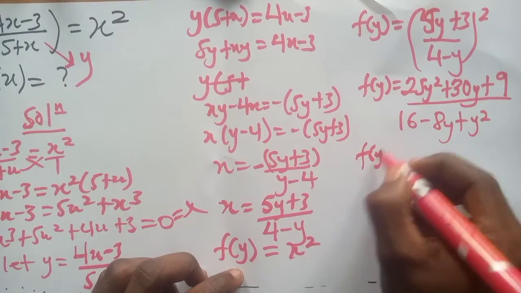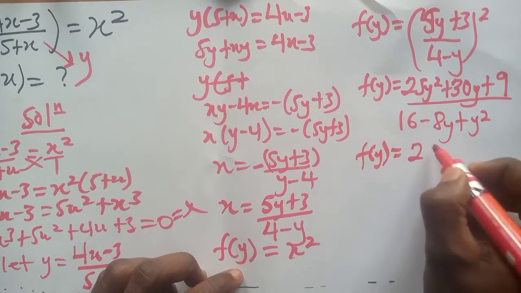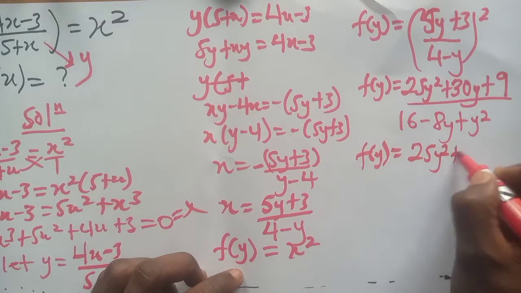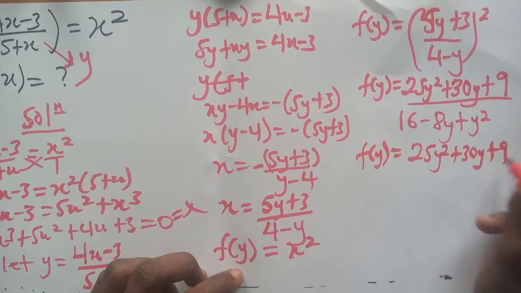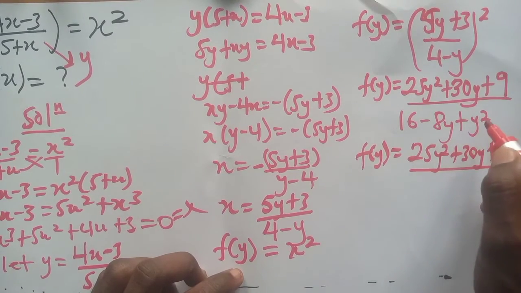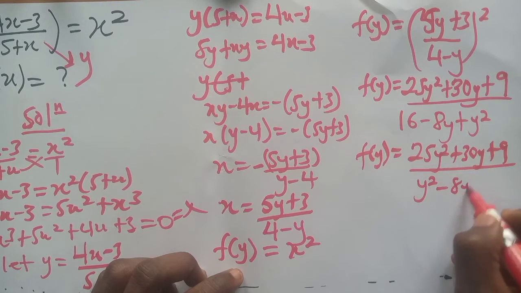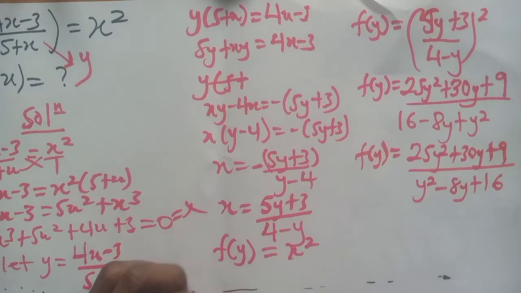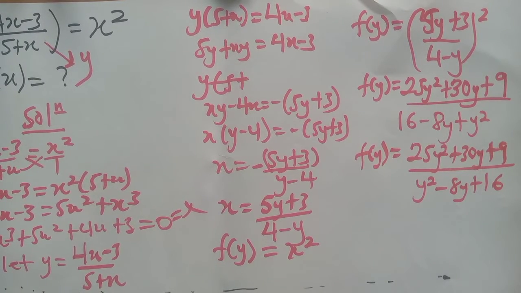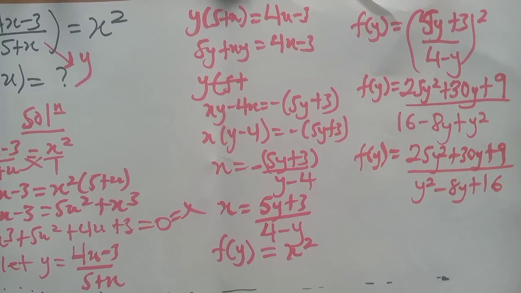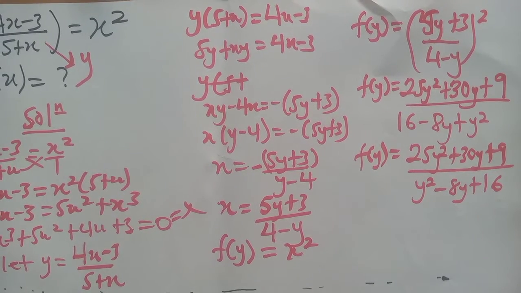So let's simplify this. For the numerator we still have this, and for the denominator we have y squared minus 8y plus 16. Good, so we can see that both the numerator and the denominator have a quadratic. Now, the question is, how do we get f of x?